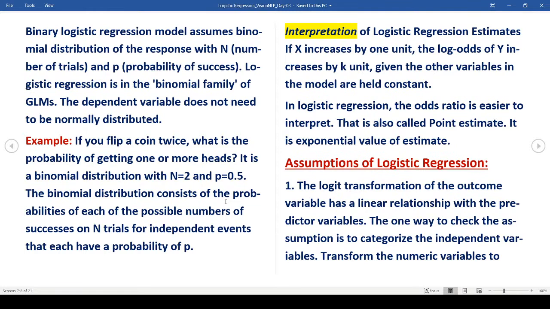And what is the interpretation here? The interpretation of logistic regression estimates is: if x increases by 1 unit, then your dependent variable, the log odds, changes. Here we are talking about the log odds because we are taking the logarithm of the dependent variable, which is on the y-axis. The log odds of y increases by k units given the other variables in the model are held constant.